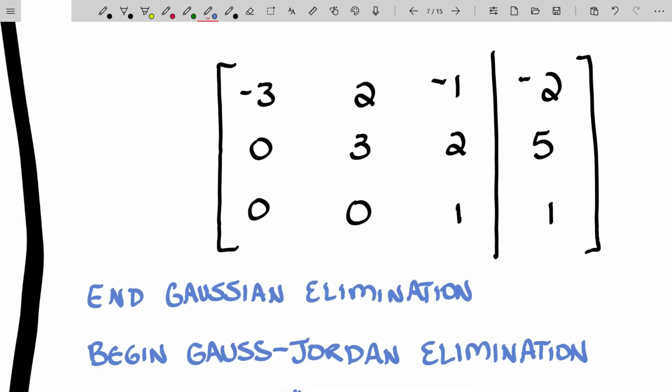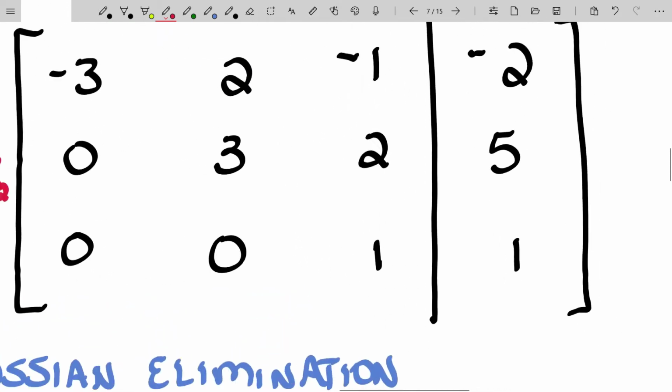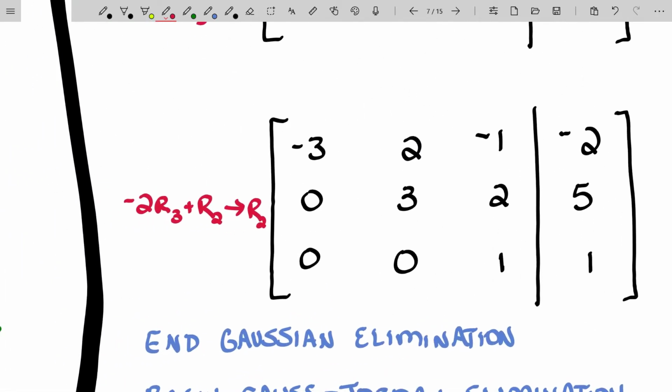We're going to take negative twice row 3 and add it to row 2 to become the new row 2. If you do that, you get a negative 2 times 1 plus 2, and that will give us a 0 there. We're also going to take just regular old row 3 and add it to row 1 to become the new row 1.